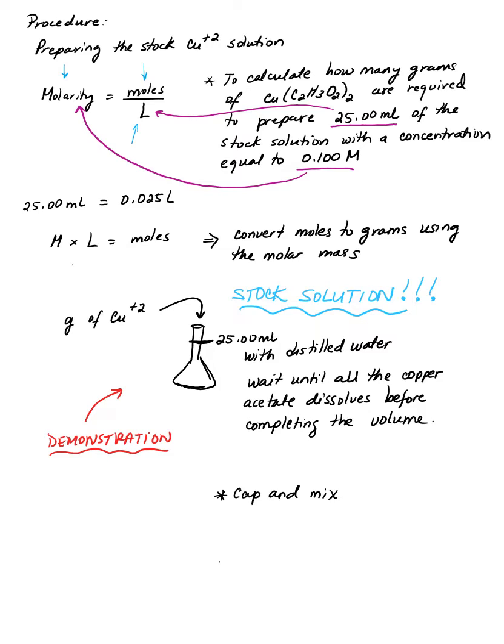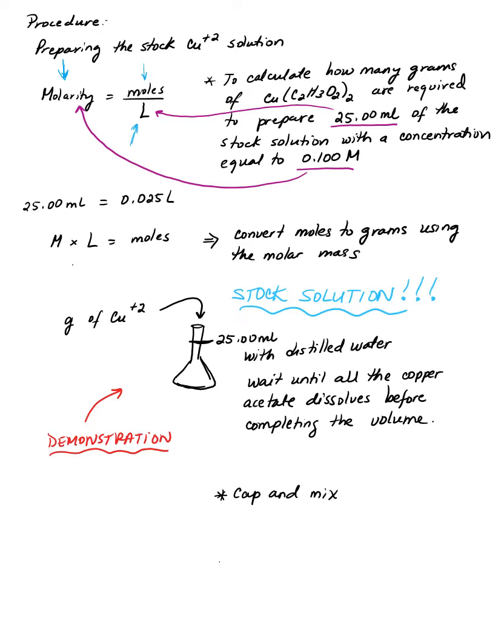So if you have volume right here, 0.025, and you have molarity right here, 0.1, it means that you can calculate how many moles of copper acetate, or how many moles of your copper ion, you need in order to prepare a solution that is 0.1 molar and that has a total volume of 25 milliliters. So molarity times your volume in liters is going to give you the number of moles.